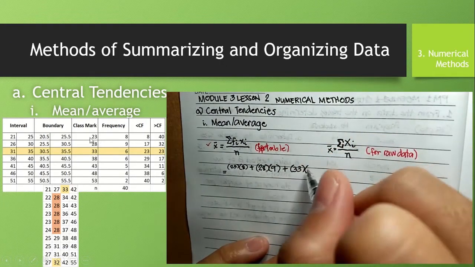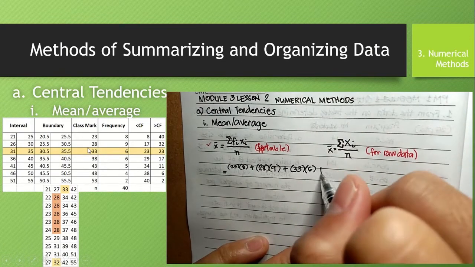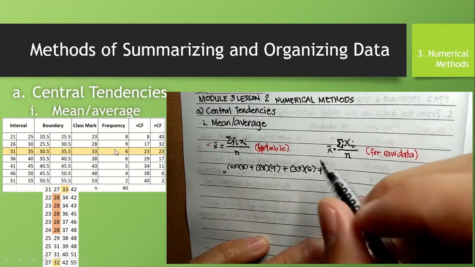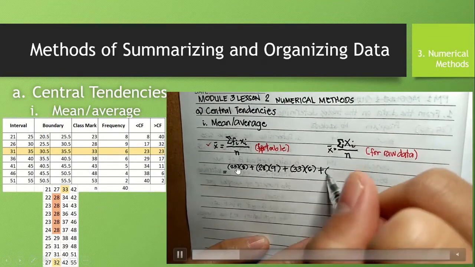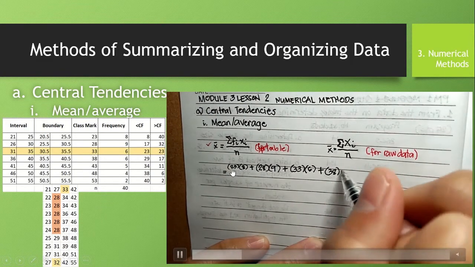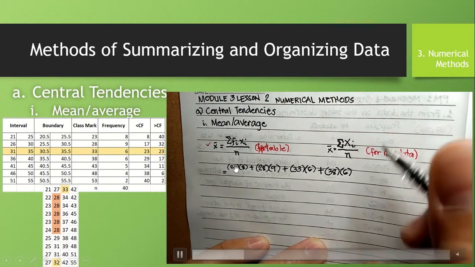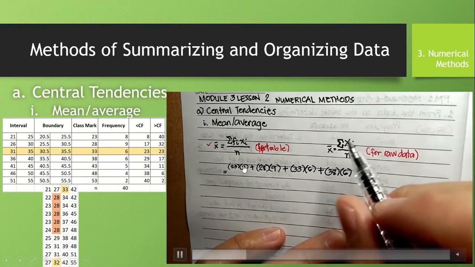So that will be 23 times 8 plus 28 times 9. By the way, it was exchanged here, so this one is the class mark, this is the frequency.